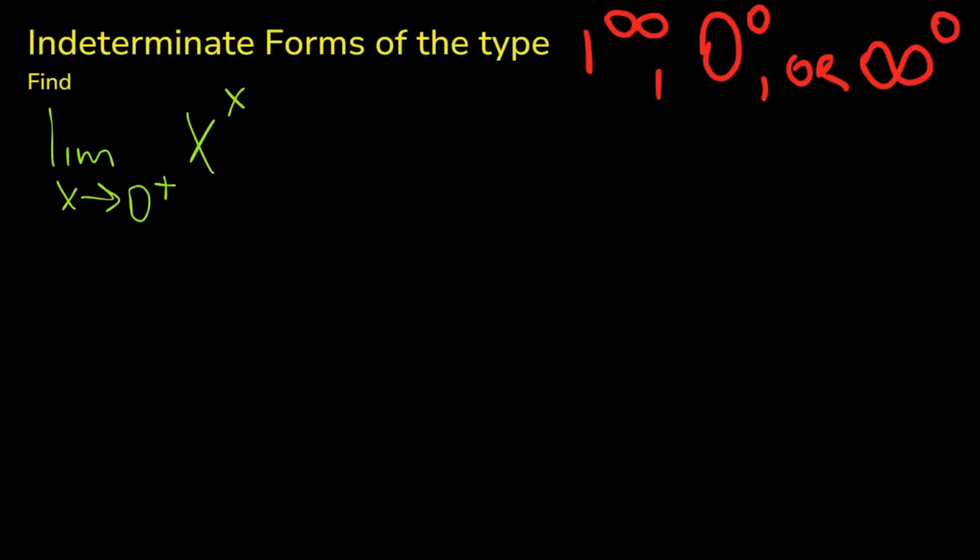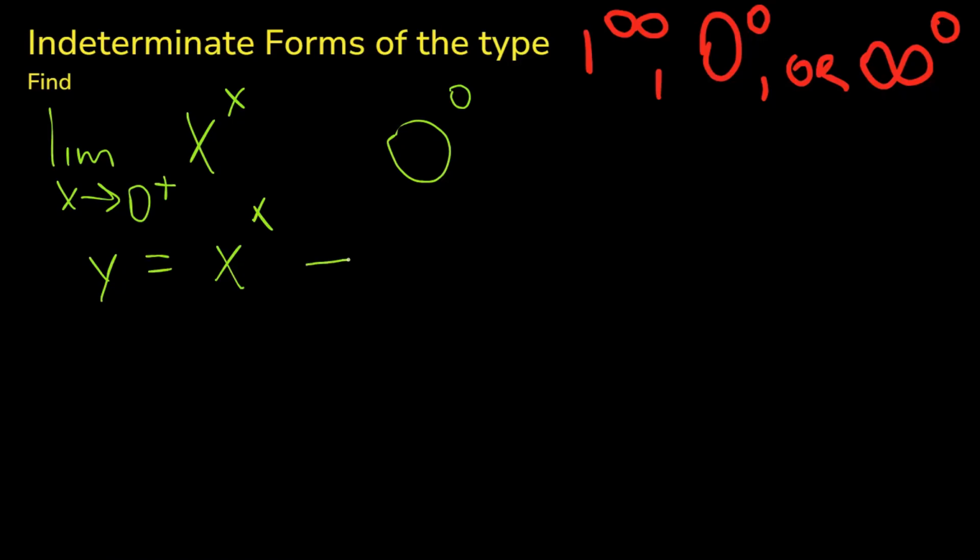Now, let's look at some of the exponential indeterminate forms. Typically with these, we are going to use the natural log and exponentiation. So if we let x approach 0 from the right, we would have an indeterminate form of the type 0 to the 0 power. So how we do this is first you let y equal the function.